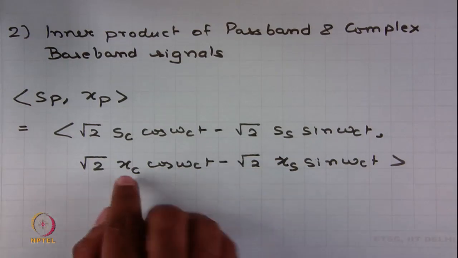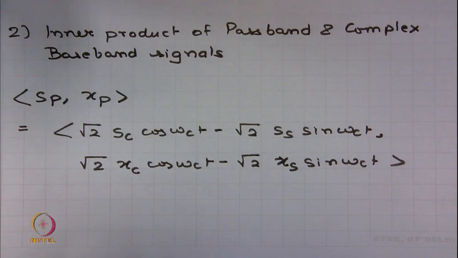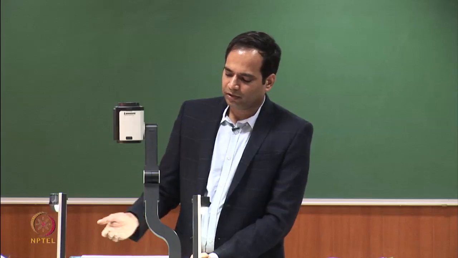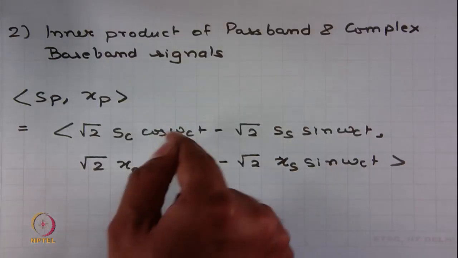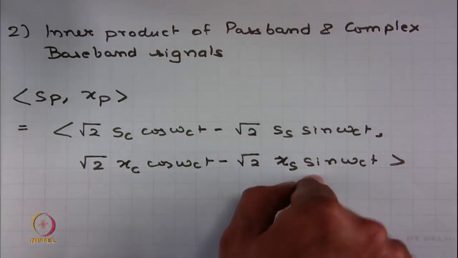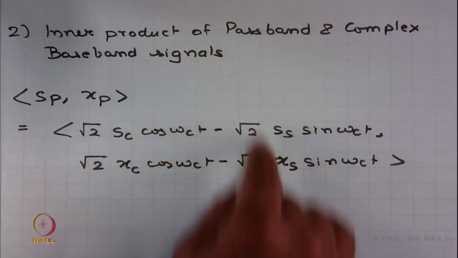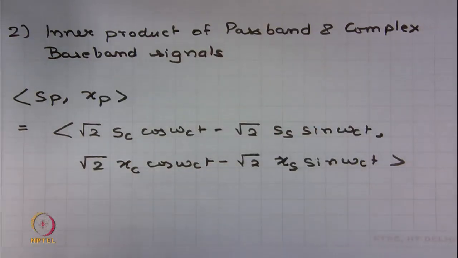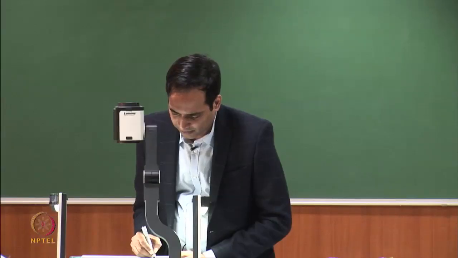So, x_c and x_s, as you would guess, these are the cosine and sine parts of the passband signal x_p. Okay. Now, because inner product is a bilinear operation, I can take inner product of this term with this term and this term with this term and so on and so forth, right. So, let us start. First thing that we can do for convenience is to pull out these root 2's and make it 2. So, I have 2, then let us see.